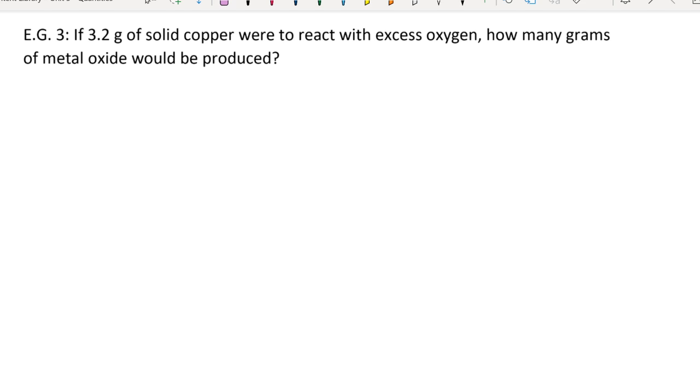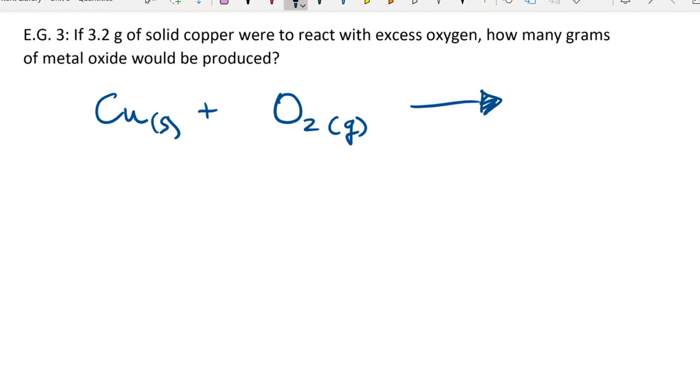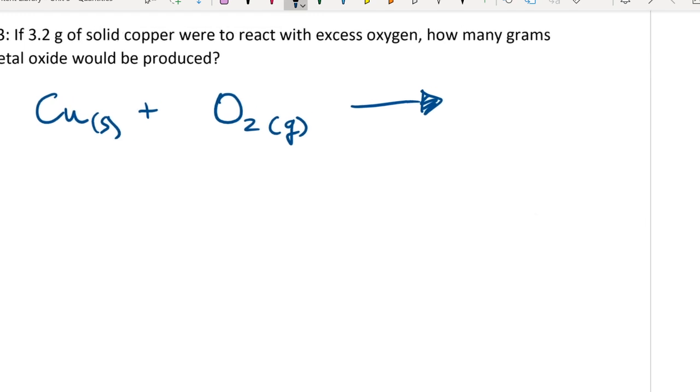All right. So I have copper. What's the formula for copper? And what's it going to react with? Like that? O2. Good. And what am I going to get? Yeah, now there's two possibilities here. We're just going to stick with one of them. And let's make life easy.